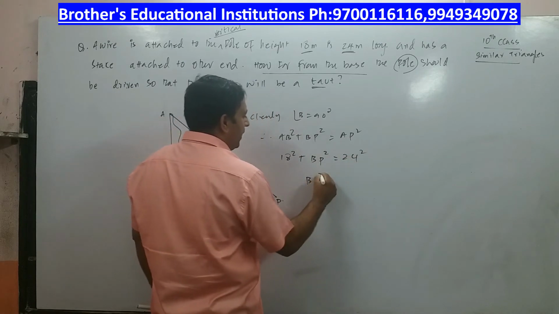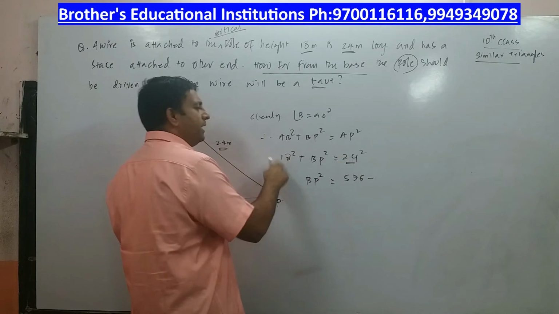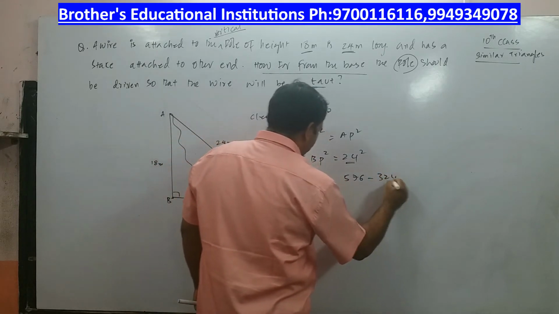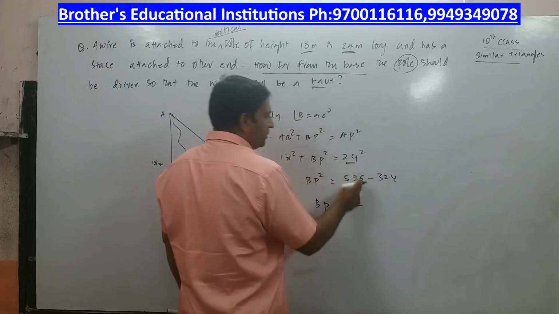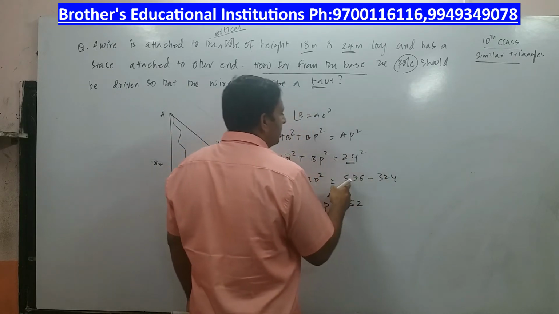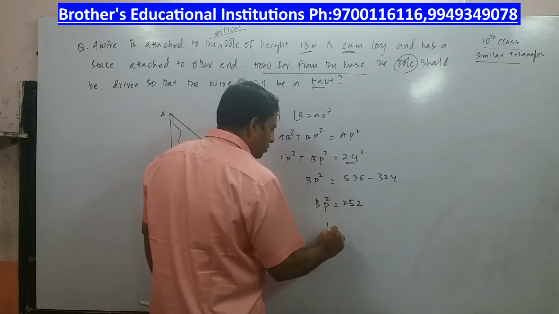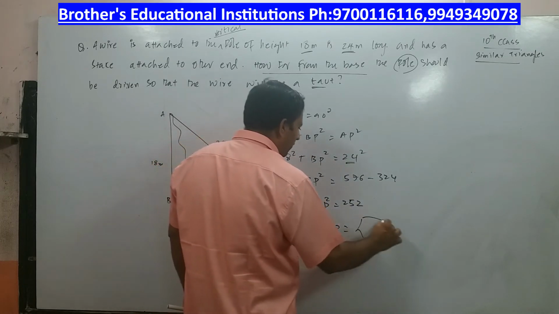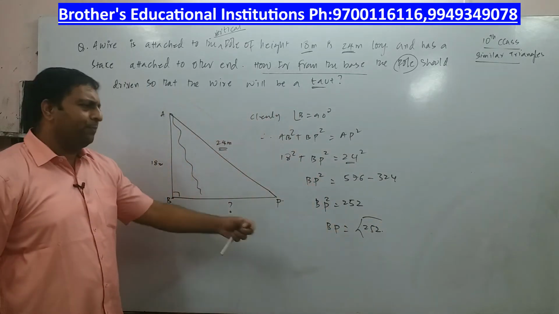So BP square is equal to 24 square, which is 576, minus 18 square, which is 324. So 576 minus 324 is 252. BP square is equal to 252, or BP is equal to square root of 252. You can simplify that and write to the nearest third.